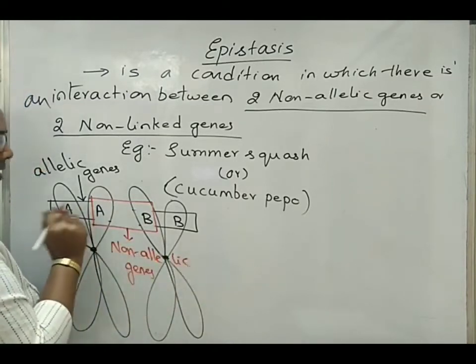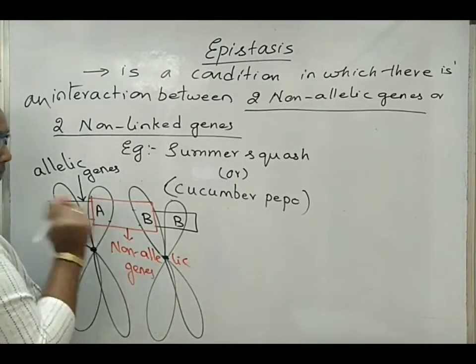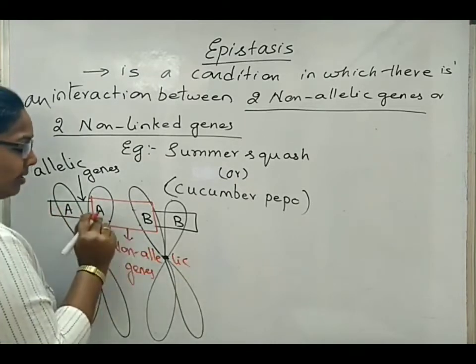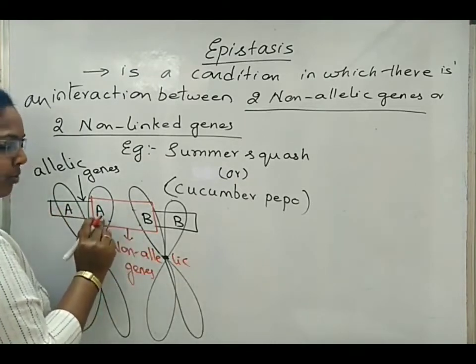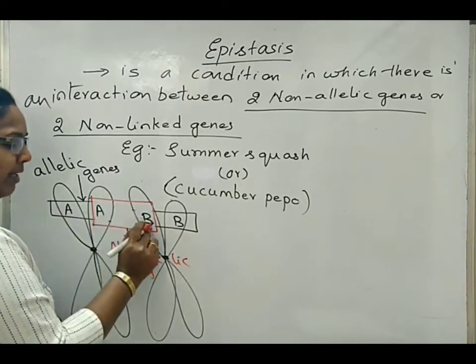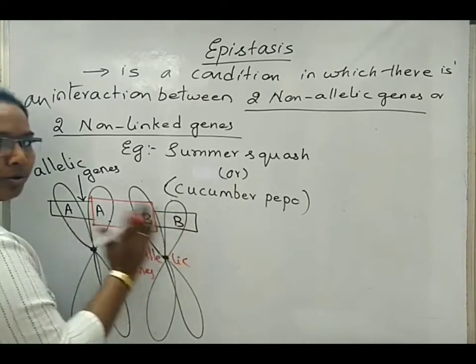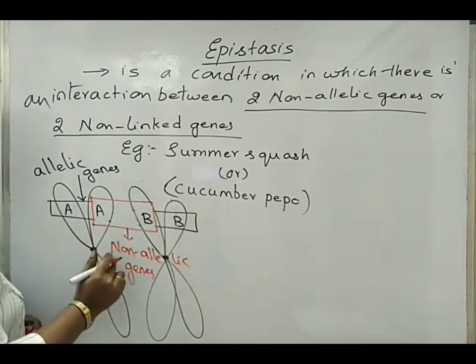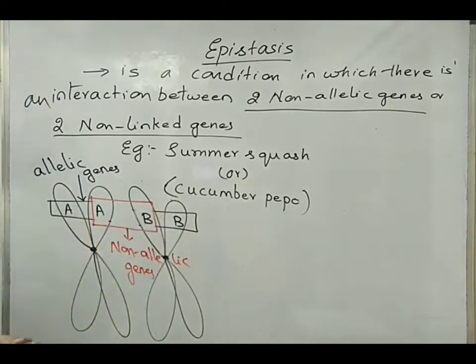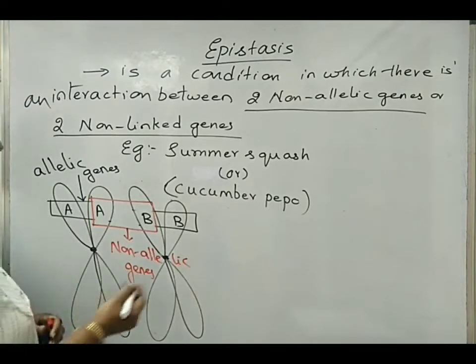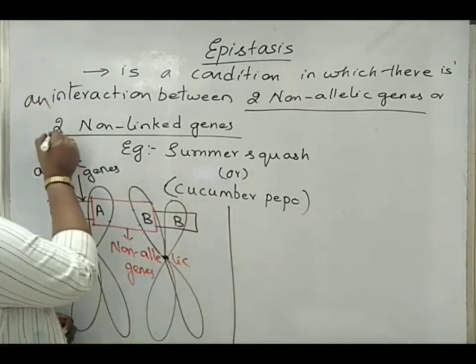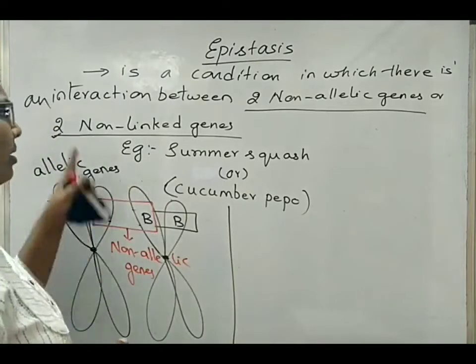These two are called allelic genes, that is capital A and capital A, which are dominant forms. When one dominant form on one chromosome is paired with another allele form on another chromosome within a homologous pair, we use the term non-allelic genes. We can also use another expression to explain this definition: two non-linked genes.